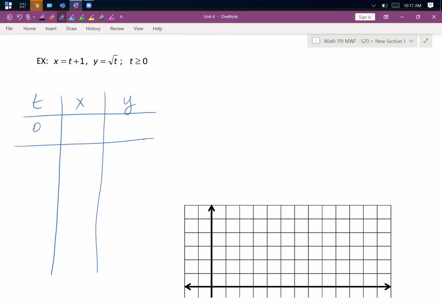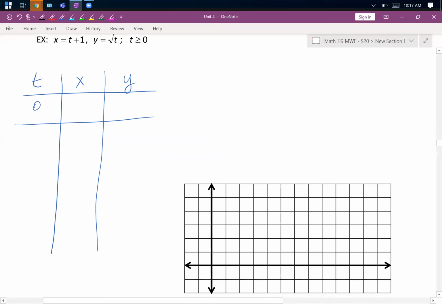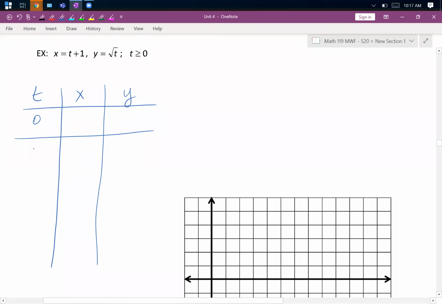I noticed that y is defined to be the square root of t. I don't feel like plotting a bunch of decimals, so when I see that, I would be inclined to choose t values that are perfect squares, so when I square root them, I get nice numbers. So I'm going to choose 1, 4, and 9. You certainly don't have to. You can do decimals if you like.